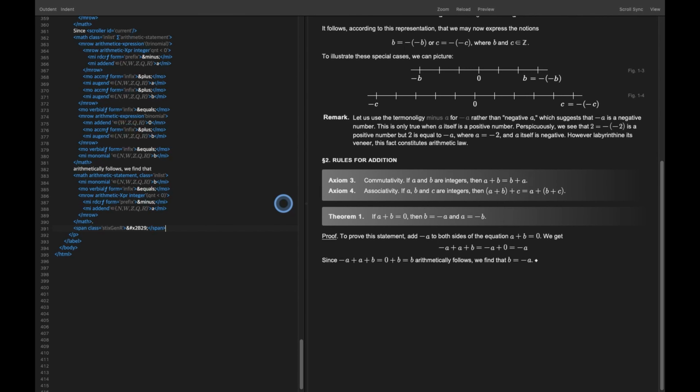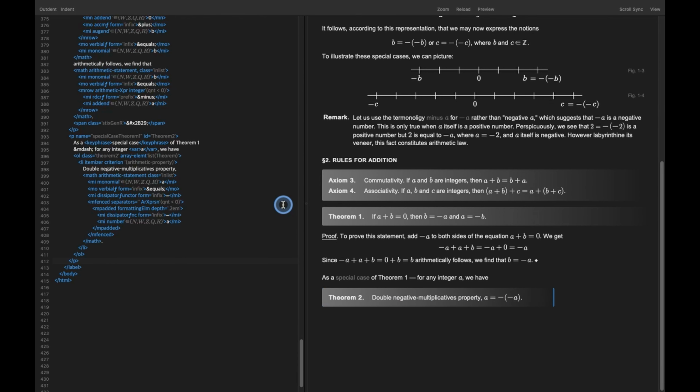QED. And as a special case of Theorem 1, we have for any integer a, Theorem 2, the double negative multiplicative property, or the double negatives property. Namely, a equals minus 1 times quantity minus a.